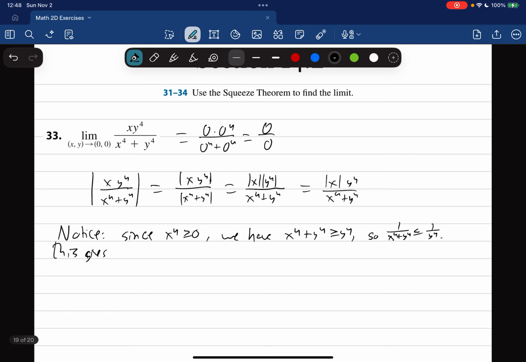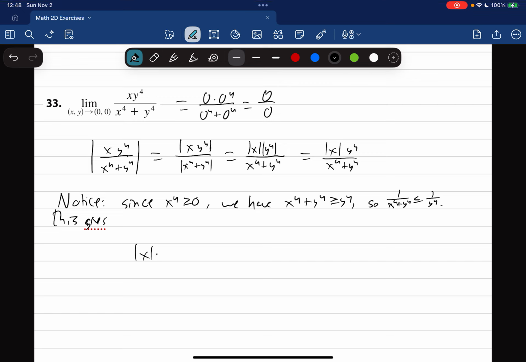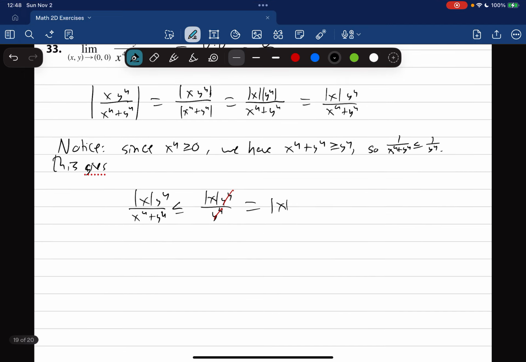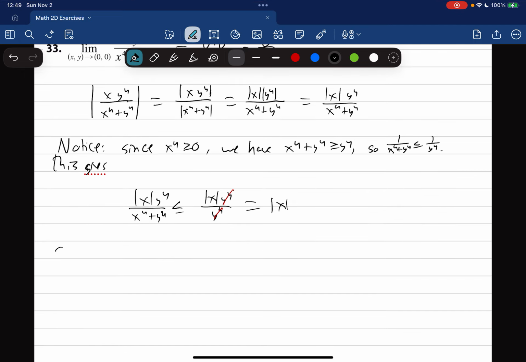This gives that absolute x y to the fourth all over x to the fourth plus y to the fourth is at most absolute x y to the fourth all over y to the fourth. And what do you know? These y to the fourths cancel for us, and we're left with absolute x.